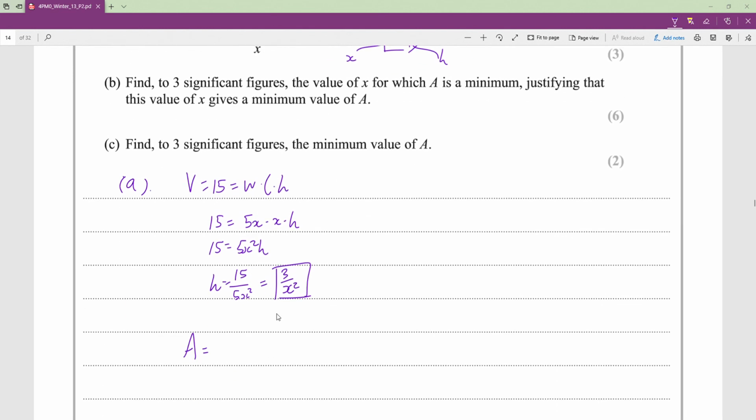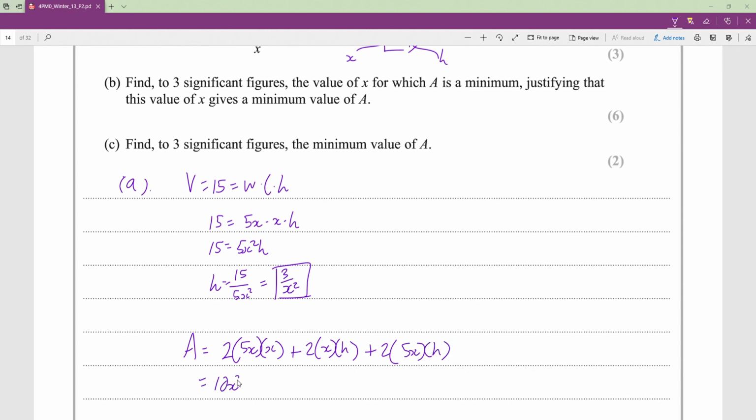So the area is going to be 2 times the area of each of the 3 unique faces. So it will be 2 times 5x times x plus 2 times x times h plus 2 times 5x times h. And what do we do here?